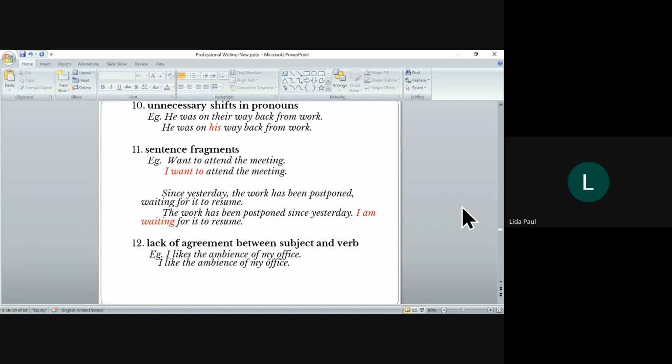Maybe in a professional setup, people may not write sentences like "want to attend the meeting." But I have also seen people writing this. Sometimes people reply to email saying, "want to come." This is not how you reply professionally to people. Even if it is a yes, you would say, yes, please count me in. Or yes, I would like to attend the meeting, right? Instead of saying, yes, want to attend meeting.